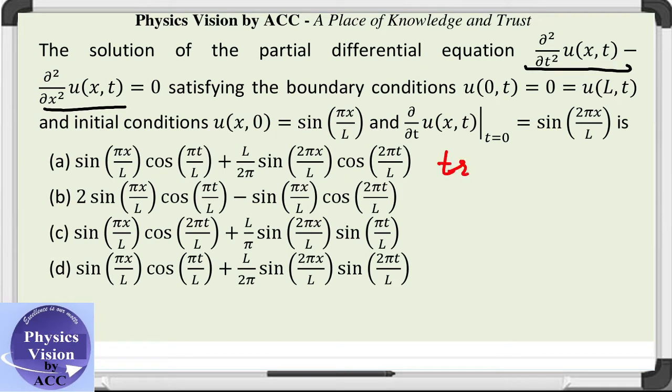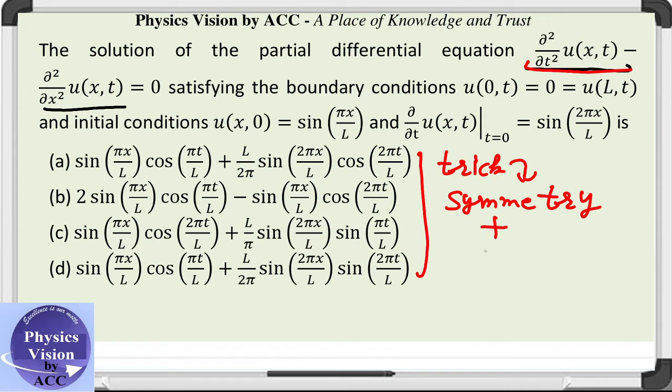What is the trick, or shortcut you can say? It's a very lengthy question to solve the exact partial differential equation, that is the wave equation, and satisfy all these boundary conditions. So we'll make use of the given options and see it by symmetry. Along with that, we'll go with the non-zero boundary conditions.